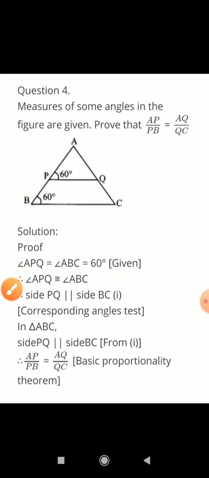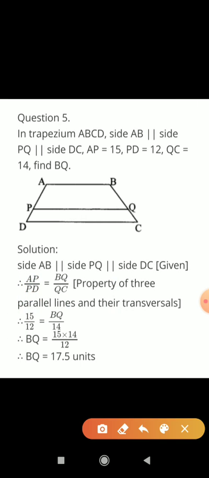Then next, question number 5. In a trapezium ABCD, side AB is parallel to PQ, and PQ is parallel to DC. So three lines are parallel lines.